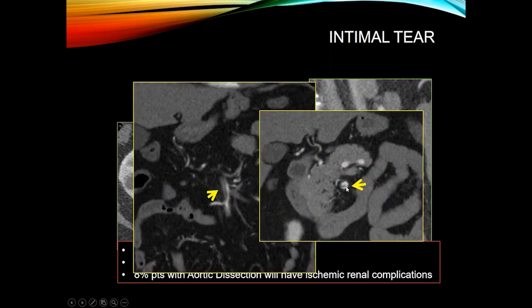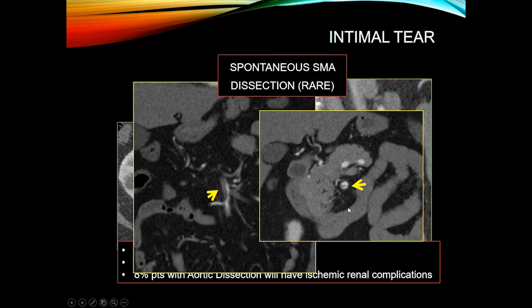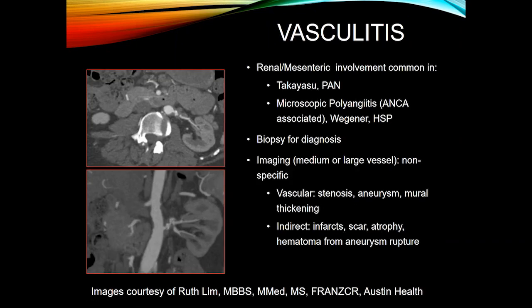Here we have a spontaneous SMA dissection with some thrombus in the false lumen and compression of the true lumen. It's very important to note whether there is flow in the false lumen or true lumen, and single arterial phase imaging may not be sufficient to determine that, and delayed imaging can tell you whether the false lumen is occluded or not. And this has implications in terms of prognosis.